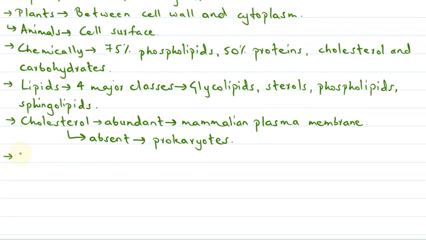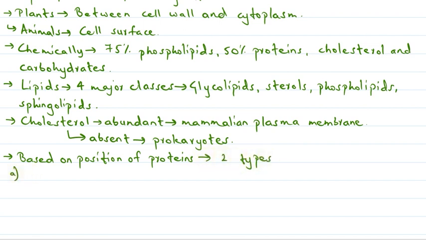Now, this was about lipids. According to the position of proteins, these proteins present in plasma membrane can be classified into two types. And what are these two types?